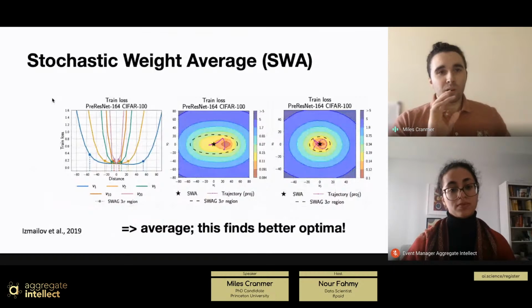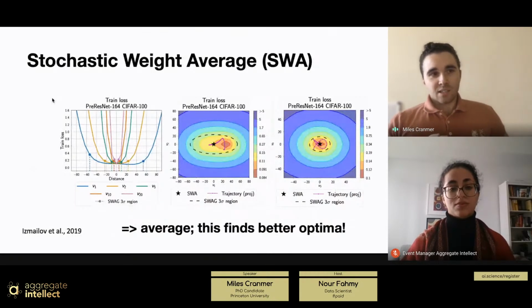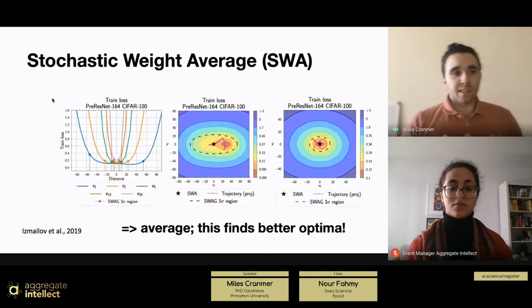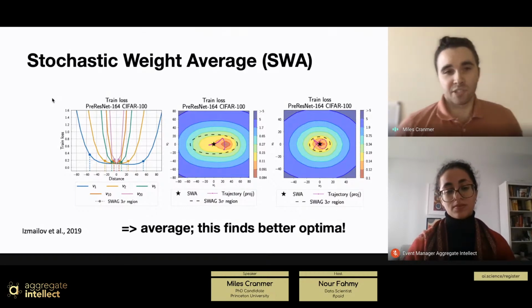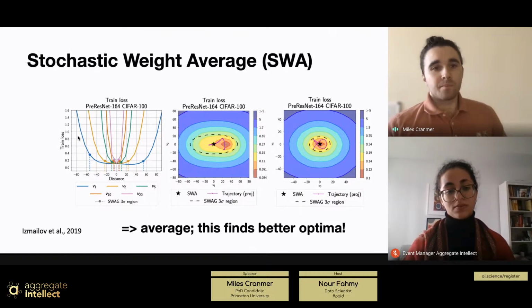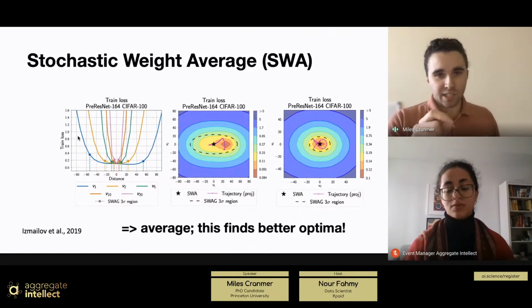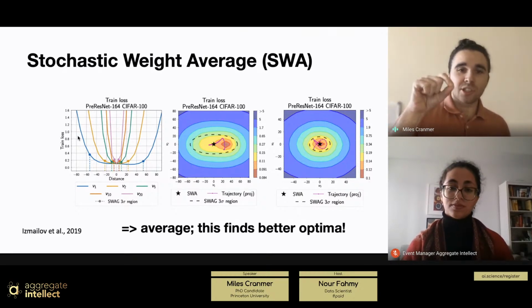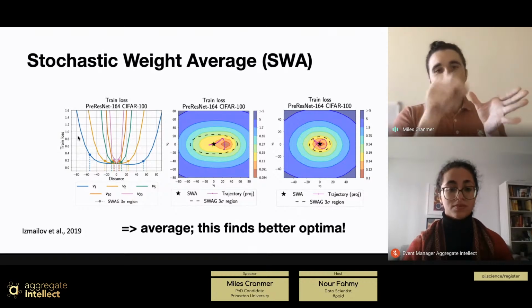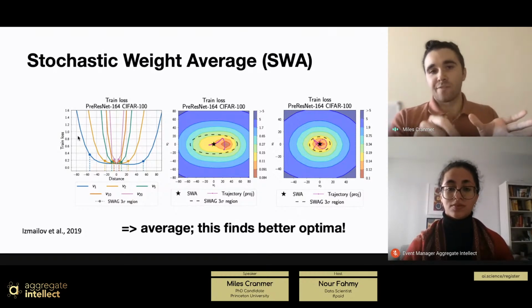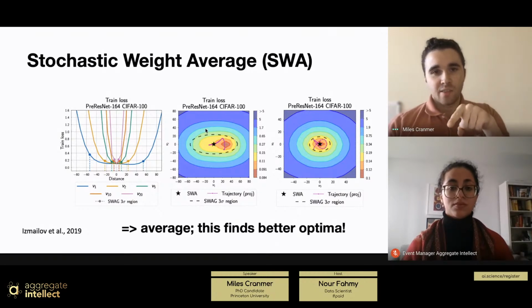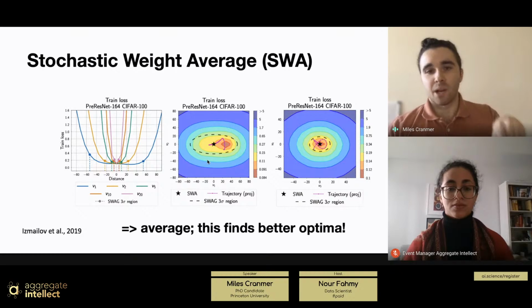So a more sophisticated approach has to do with something called stochastic weight averaging. So when you're training a neural network with stochastic gradient descent, you're going to approach a minima, and then you're going to move around in the minima if you keep the learning rate fixed. So you can see this is the trajectory of the optimizer. It's going to move around in this minima.